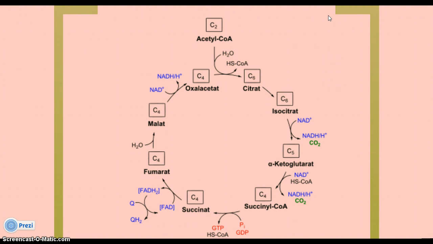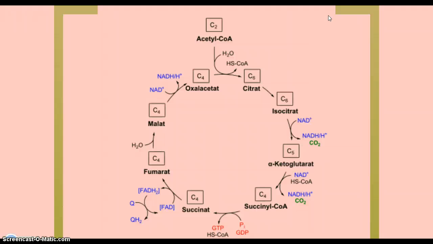As you can see, the acetyl-CoA combines with the oxaloacetate using the enzyme citrate synthase to become citrate, which then uses an enzyme to become isocitrate, which uses another enzyme, isocitrate dehydrogenase, to become alpha-ketoglutarate, and 1 NADH is produced. Then the alpha-ketoglutarate, using alpha-ketoglutarate dehydrogenase, becomes succinyl-CoA, and another NADH is produced.